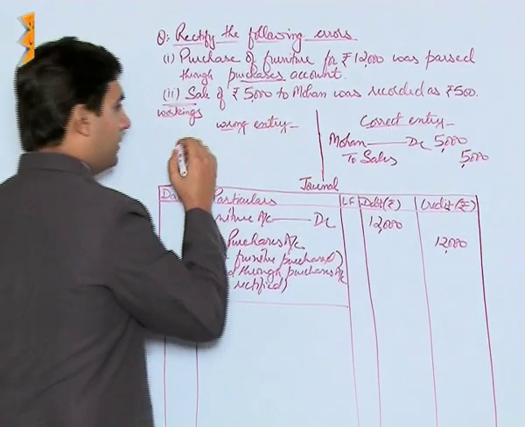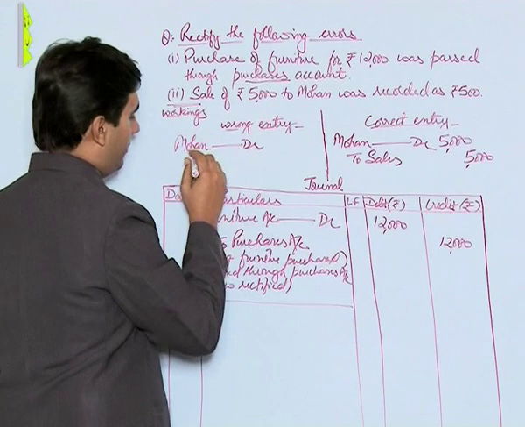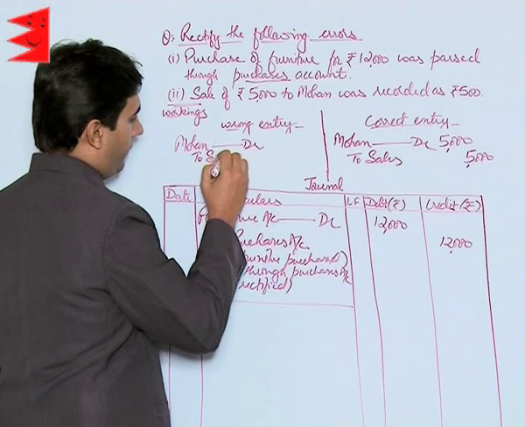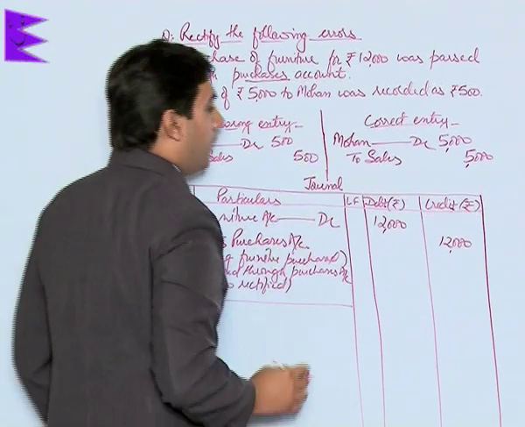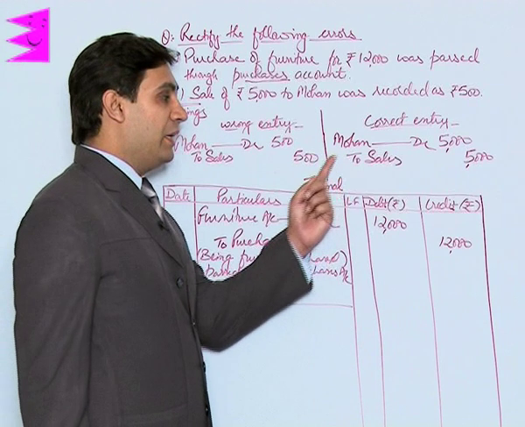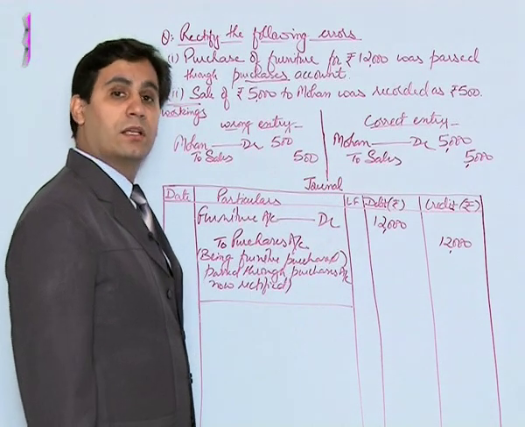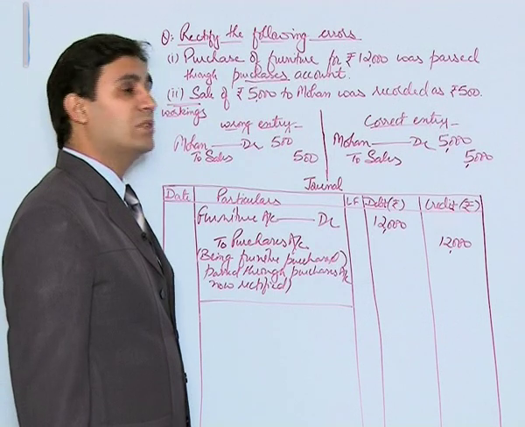But what we have done is Mohan debited to sales 500. In this case, the error is not in the accounts that have been debited or credited. The correct accounts have been debited and credited, but the amounts are wrong.